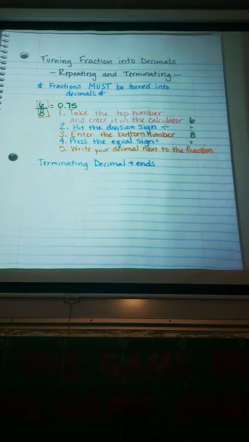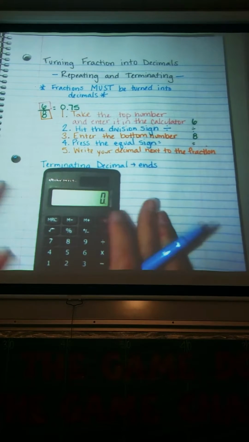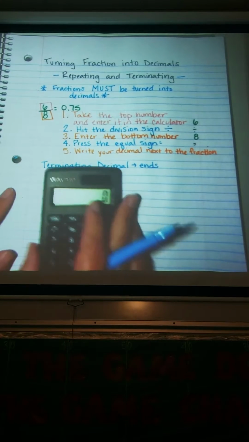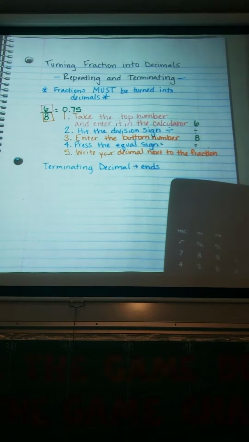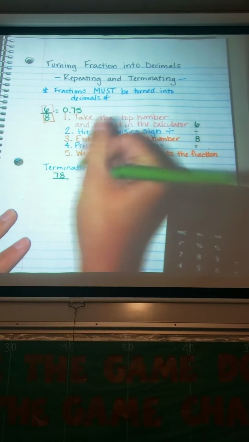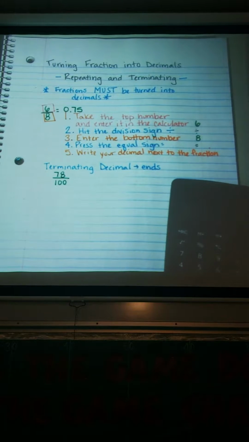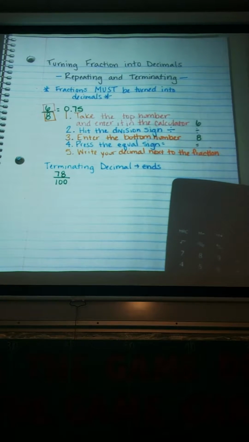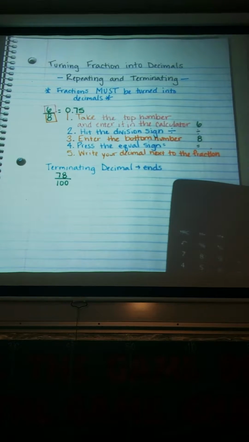So an example of that, I'm going to come in here and clear that fraction. I want to do the fraction 78 over 100. And remember, you guys need to stop, pause your notes, and write down things to catch up.